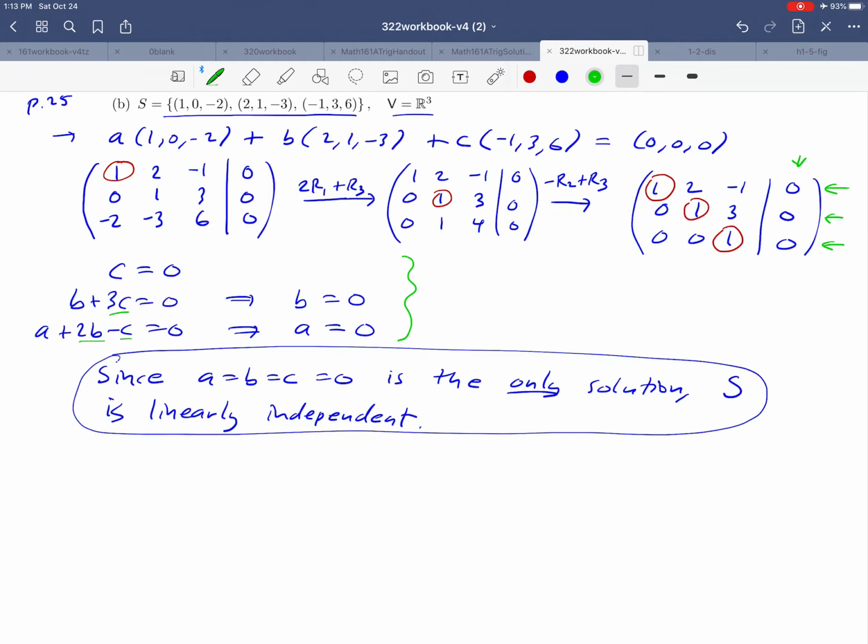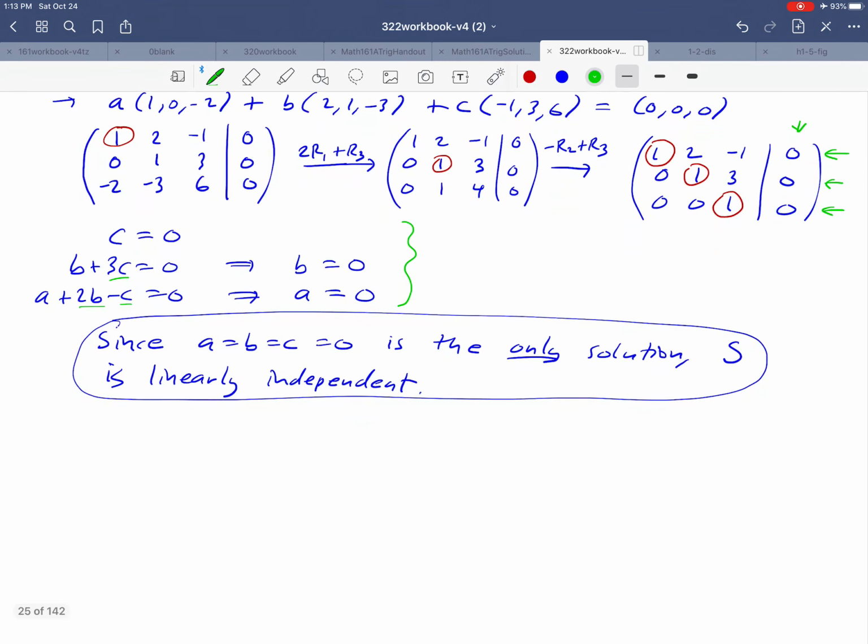So a shorter way to come to the same conclusion would have been to observe that there are no free variables in this system, and the fact that there are no free variables means the only solution we can get is the trivial solution.